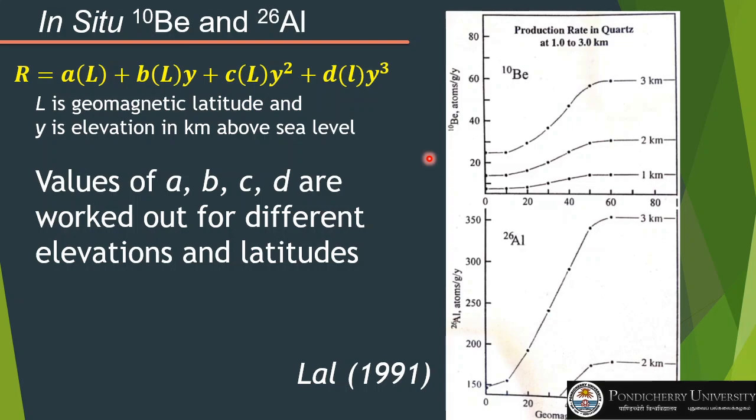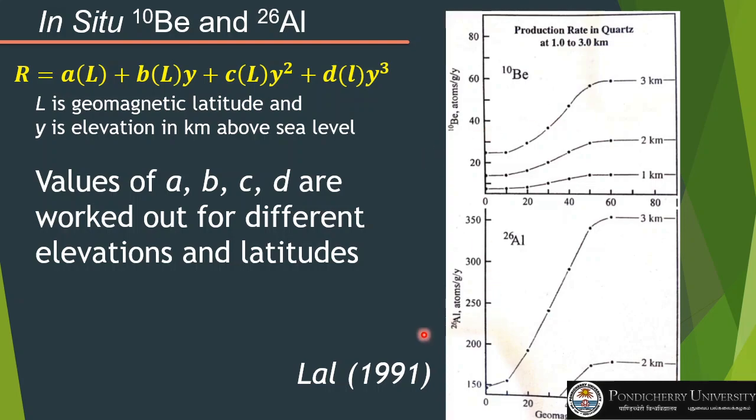So this is a very good tool for studying in situ produced cosmogenic nuclides, particularly 10 beryllium and 26 aluminum, because for both of these the target elements like silicon and oxygen are present abundantly enough to give rise to sufficient production of these two nuclides.